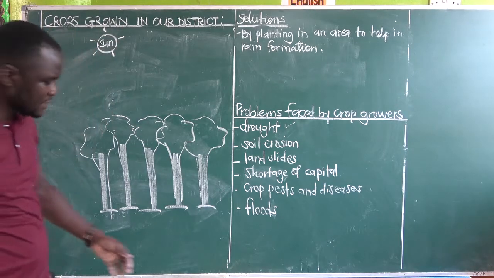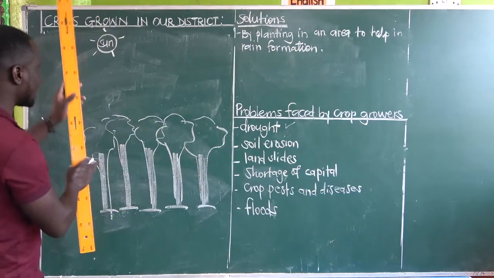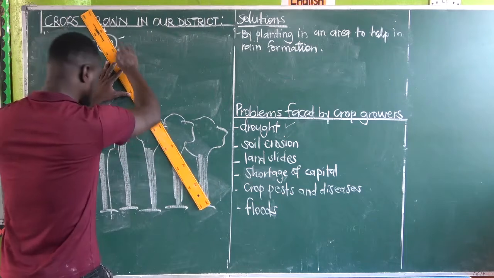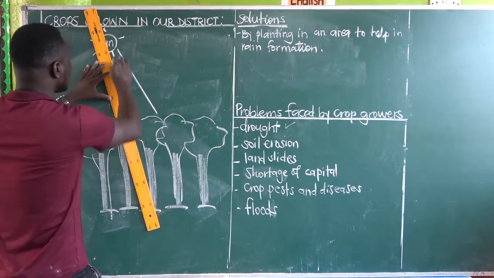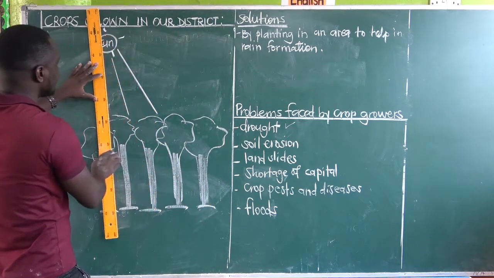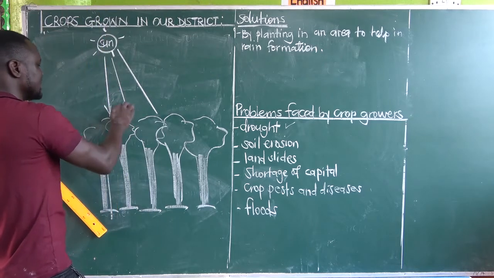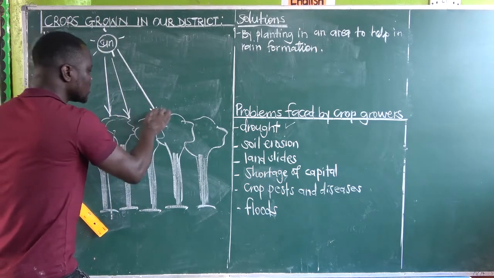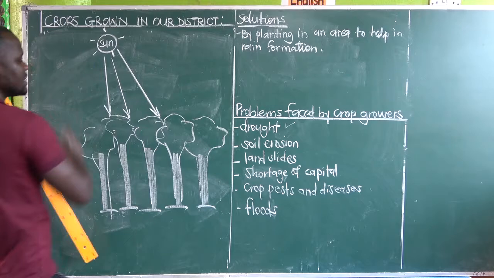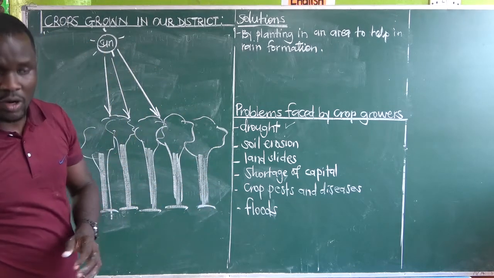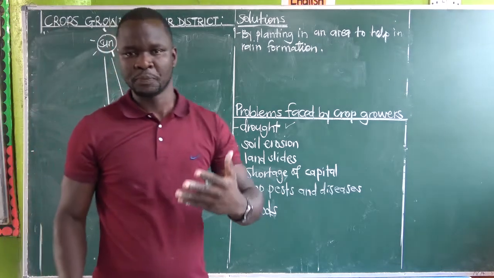So what happens is that when the sun shines on these trees, I'm showing you now the light, the sun rays, that is the sun shining, hitting these trees. And due to the continuous hitting of these trees, there is what we call transpiration.